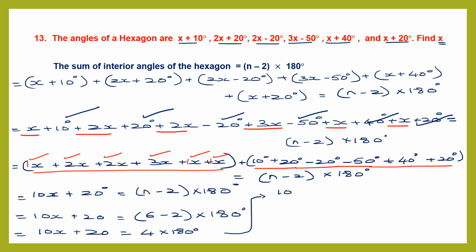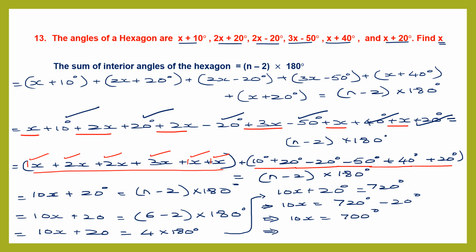So 10x plus 20 degrees is equal to 720 degrees. That means 10x is equal to 720 degrees minus 20 degrees. So 10x is equal to 700 degrees.